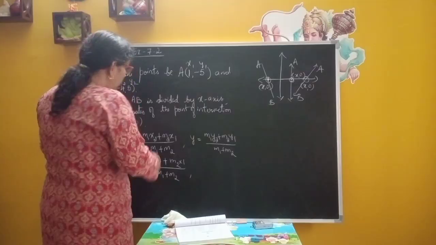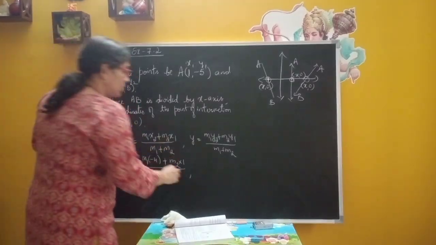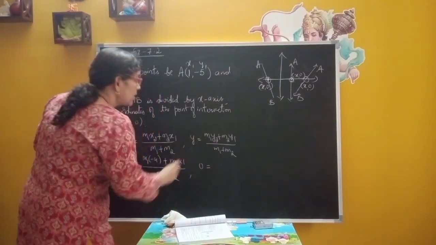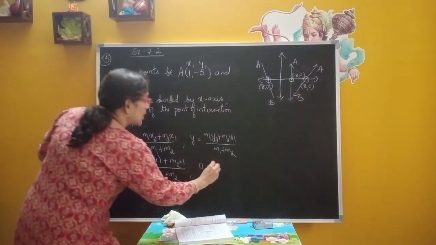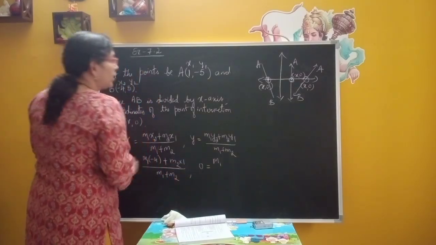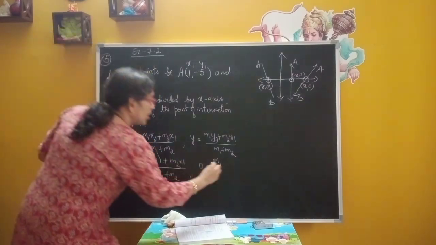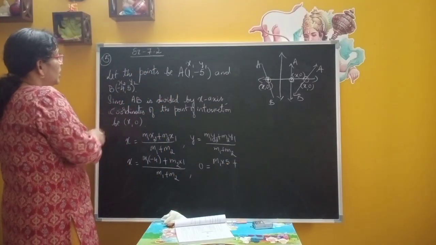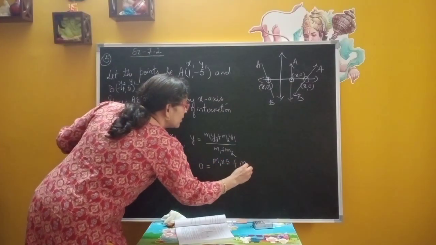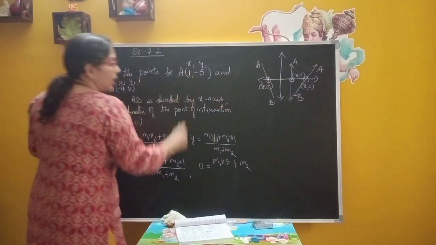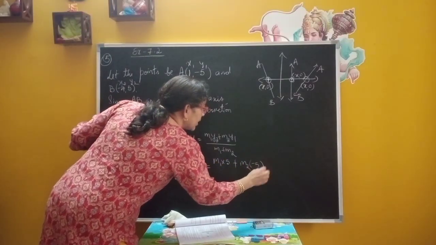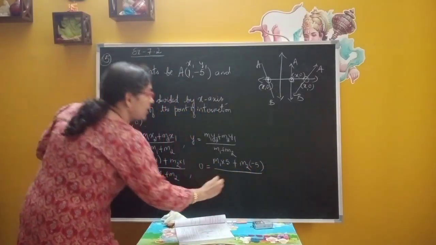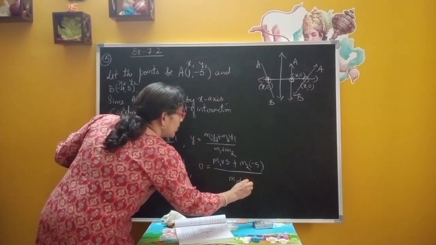And for the y coordinate, 0 is equal to m1 y2, that is m1 into 5, plus m2 y1, that is m2 into minus 5, divided by m1 plus m2.